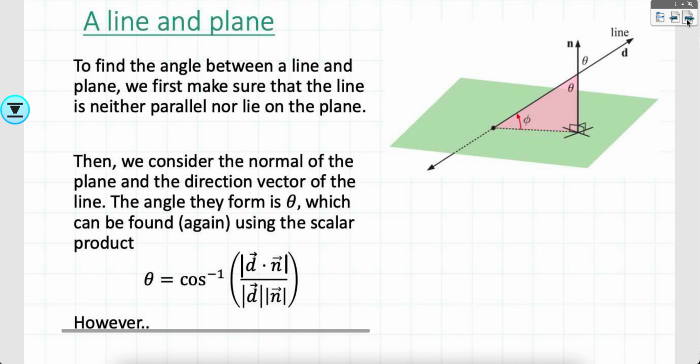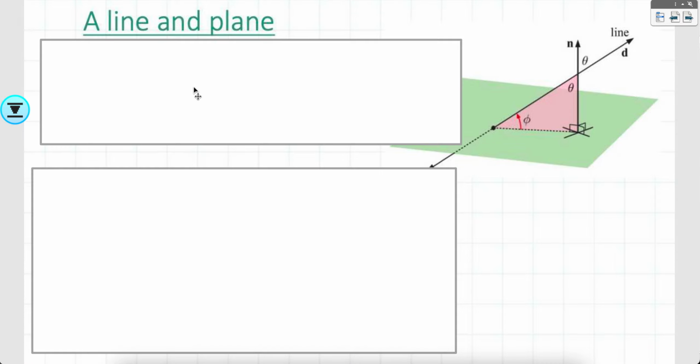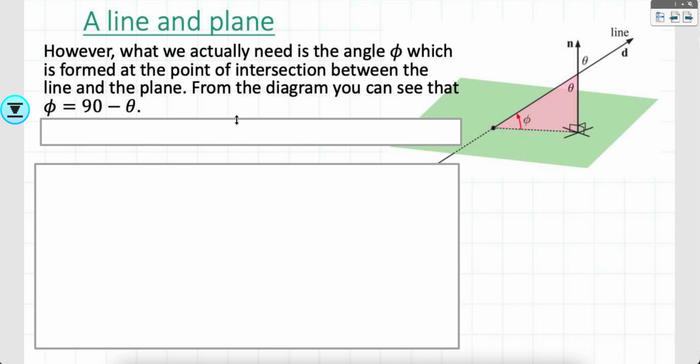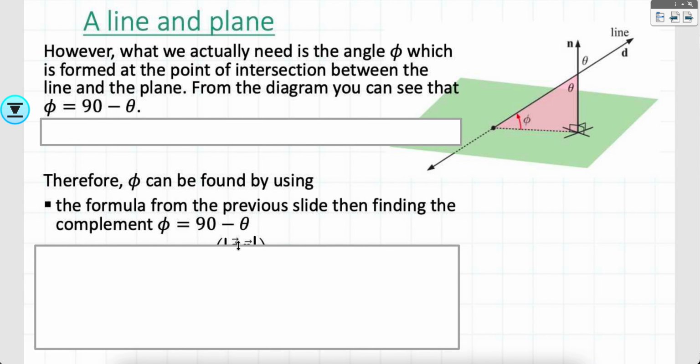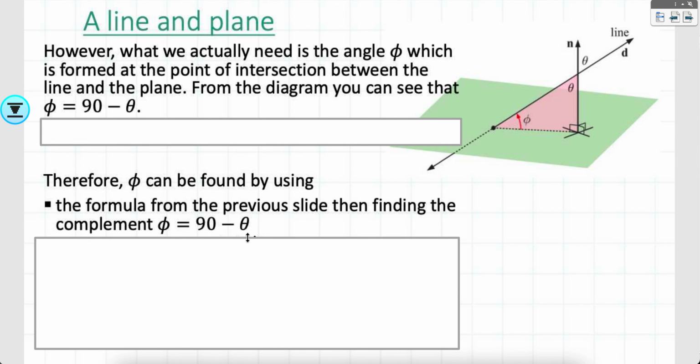So how do I find that? Well, keep in mind that if you look at the way the triangles form, if this is theta, this is 90, then this angle will just be 90 minus theta, which is one way to solve the questions. If we know this fact, we know that it's 90 minus theta, well, you can use the same formula, and then once you have the answer, you just take an extra step and you go 90 minus theta.